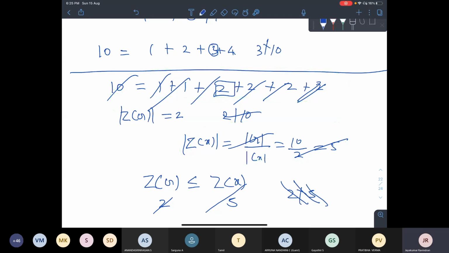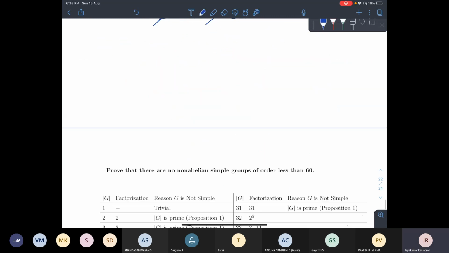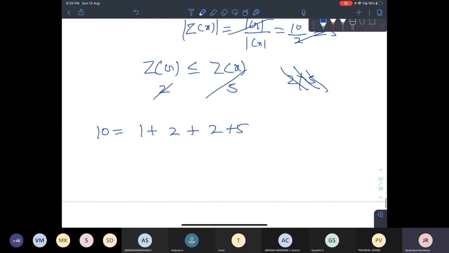What about the possibility of 10 equal to 1 plus 2 plus 2 plus 5? Whether this is possible or not, one can ask, right? Actually, this is possible because of D5.